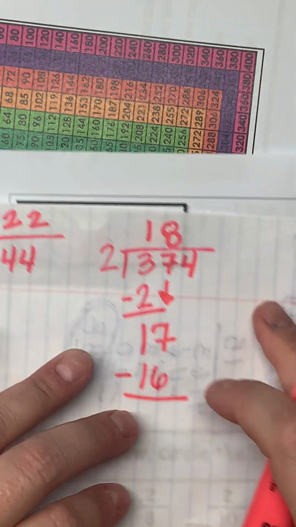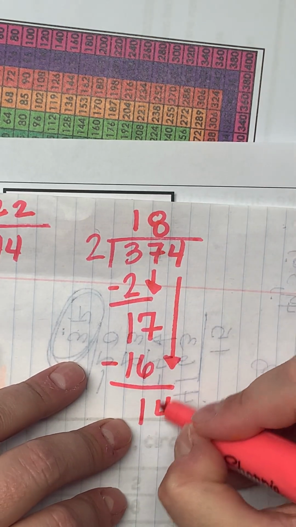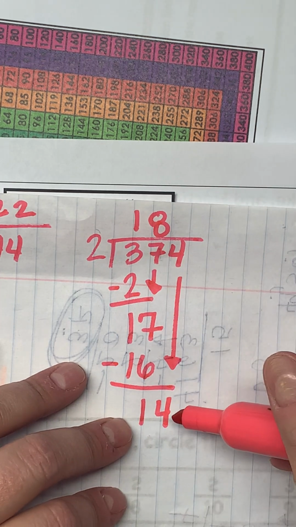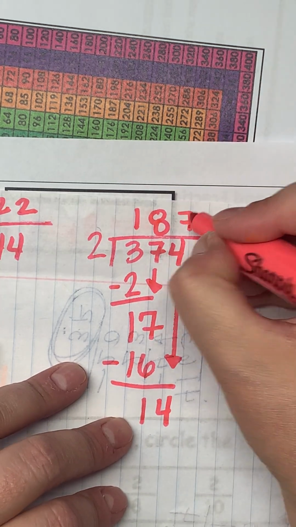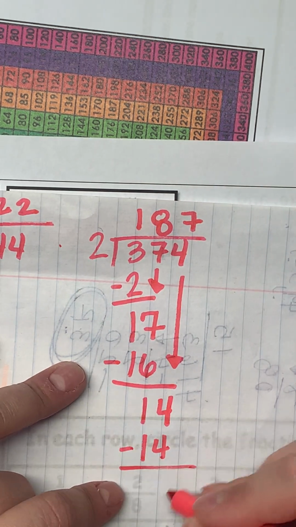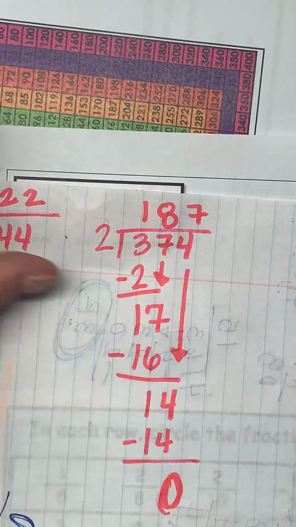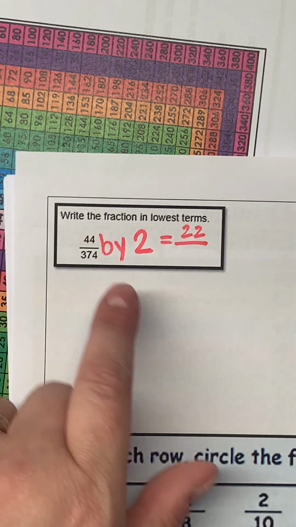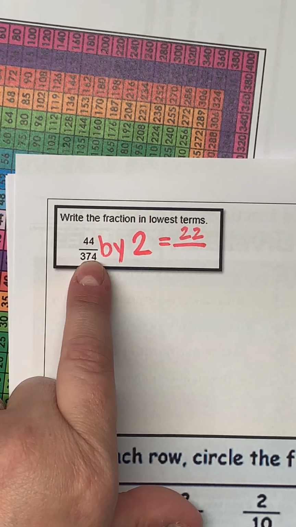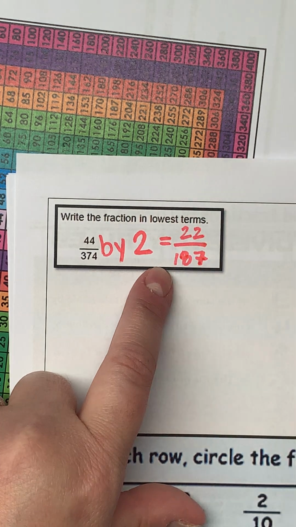And we subtract down, and you get 1, bring down the 4. 2 goes into 14 7 times. And then 7 times 2 is 14. Subtract down, we get a 0. Hot dog. So we divided that bottom by 2 and we got 187. Okay.